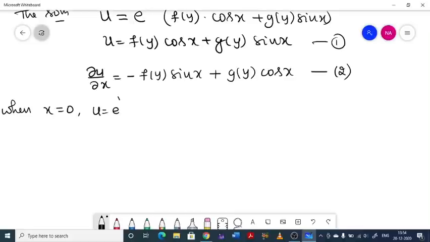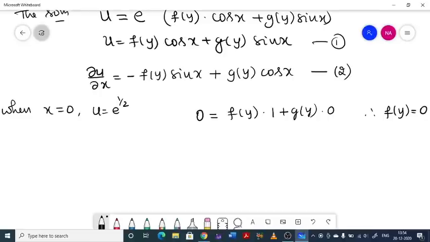So using that in equation 1, e power 1 by 2 equal to f of y into cos 0, 1, plus g of y into 0. The second term vanishes, so f of y is e power 1 by 2.